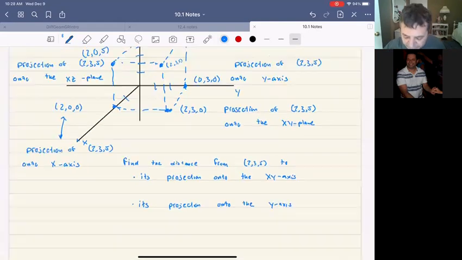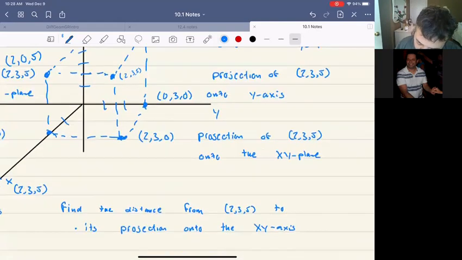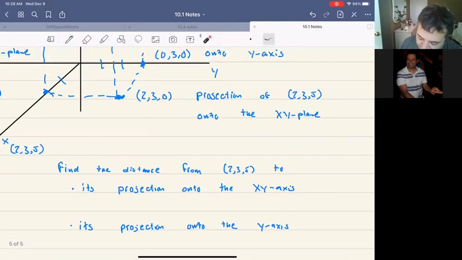Okay, so first, the projection onto the xy axis.